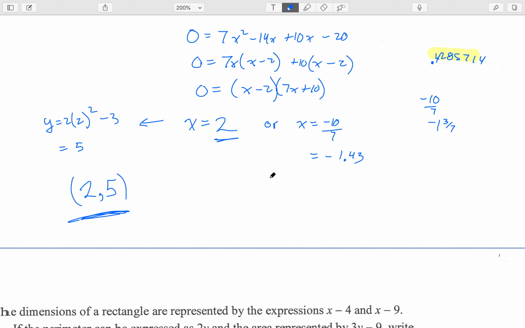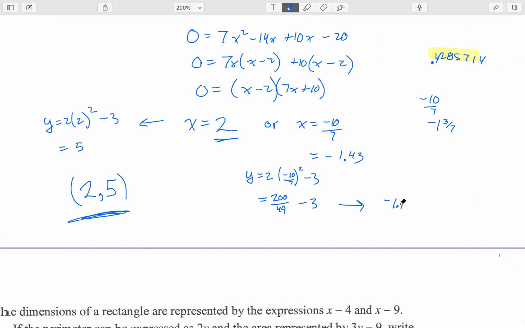Okay. And if I know that the y value is 2 times the x value squared minus 3, okay, this is an ugly number. 100 over 49 times 2, which is 200 over 49, which is really, really close to 4, minus 3. So this is going to be really, really close to 1. I think it's positive 1.1 or something like that.